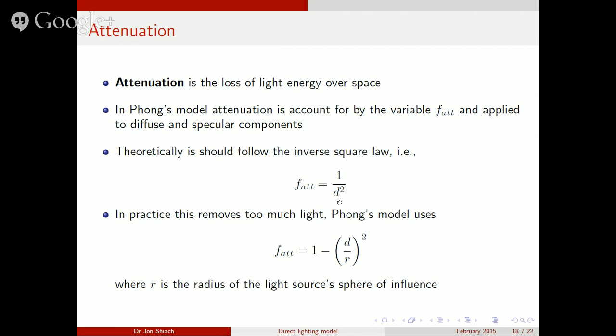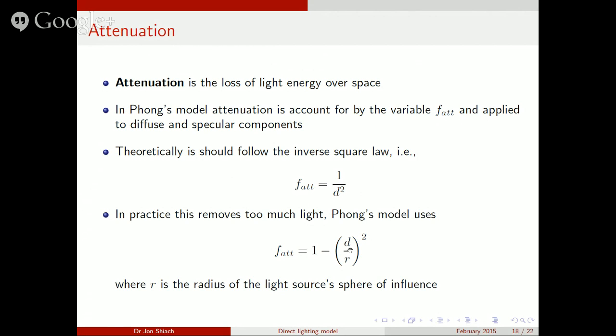Okay, theoretically, by physics, it should follow the inverse square law. So if d is the distance from the light source, it should be proportional to 1 divided by that distance squared. So the further away you get, the less light you see. Okay, in practice, that removes too much light. So what we've decided to do is use a simplified one.